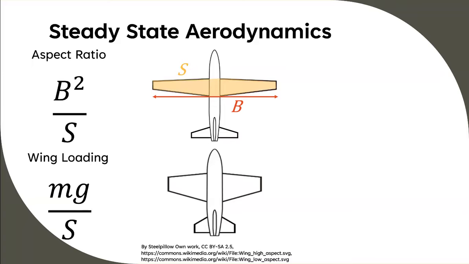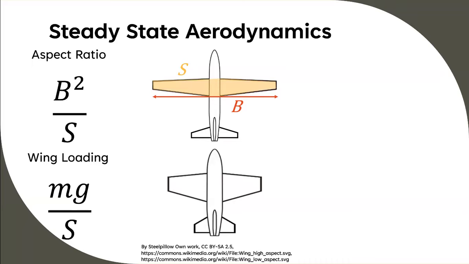Aspect ratio, which is described as the square of the wingspan divided by the wing surface area. Technically, this is the same aspect ratio as you would see on a television, on a picture. It's just that wings are very rarely rectangular, so it's hard to define a specific length and a specific width.